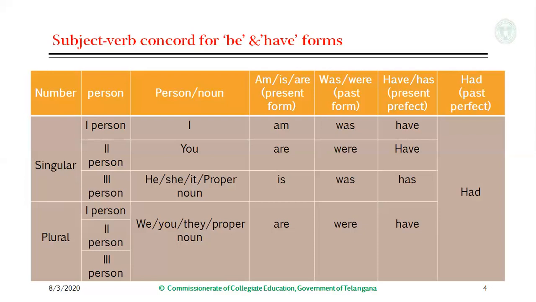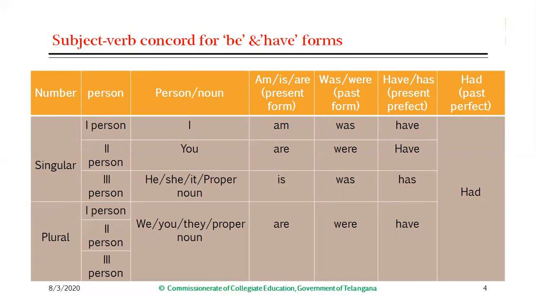She has two brothers. Or it has a long tail. The dog, or any animal or bird, or any inanimate thing like book, pen, or chair: it has, she has, he has, Ramu has, like that. In past tense, we can use had here.